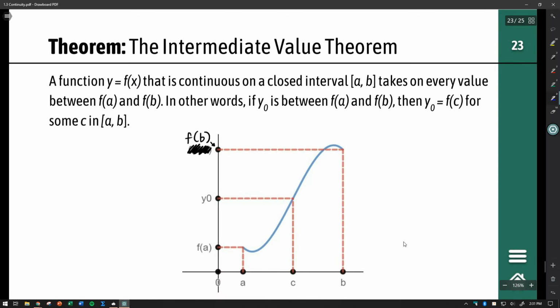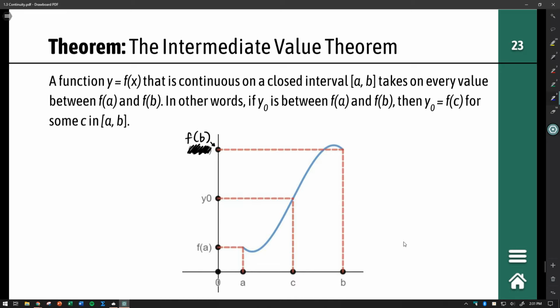So here's the formal theorem. A function y equals f of x that is continuous on a closed interval a to b takes on every value between f of a and f of b. In other words, if y naught is between f of a and f of b, then y naught is equal to f of c for some c in [a, b]. So here's what we mean.